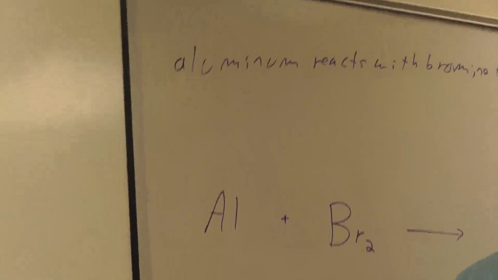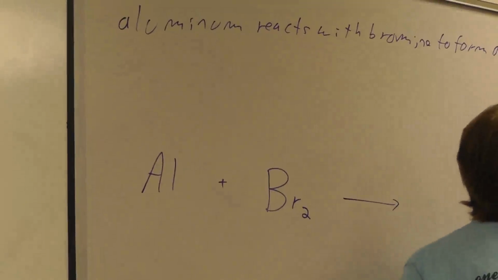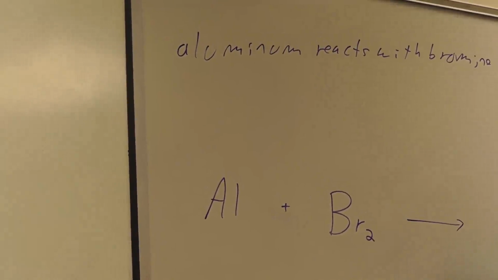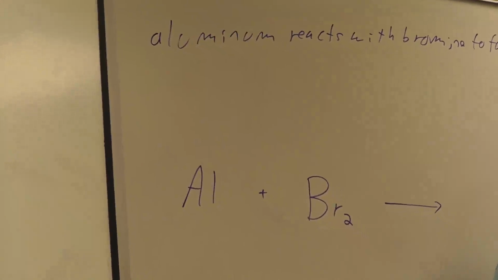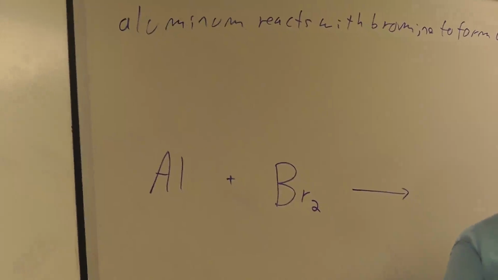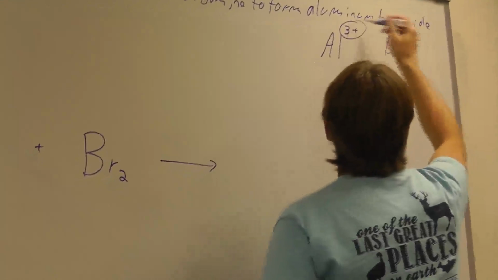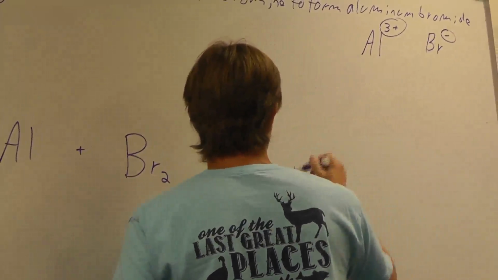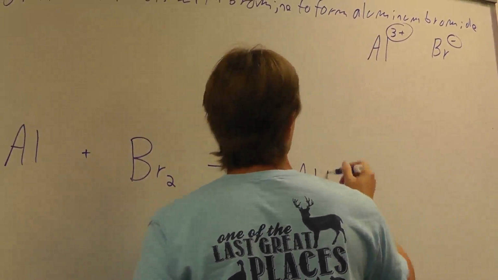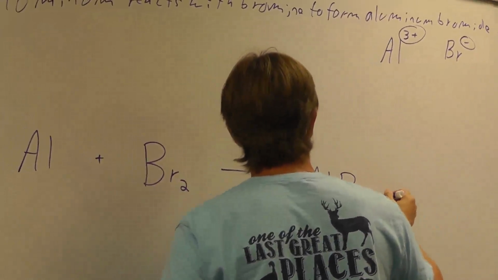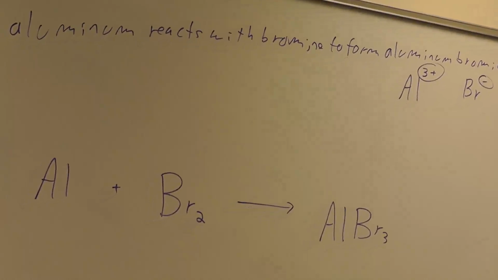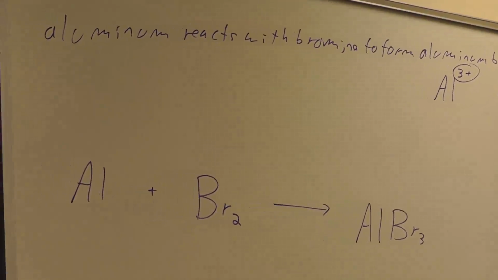To form aluminum bromide, what's the charge of aluminum? +3. What's the charge of bromide? -1. So what's the formula for aluminum bromide? There you go. AlBr3. And in skeleton form, that's your equation, because you got everybody there and in their proper formula.